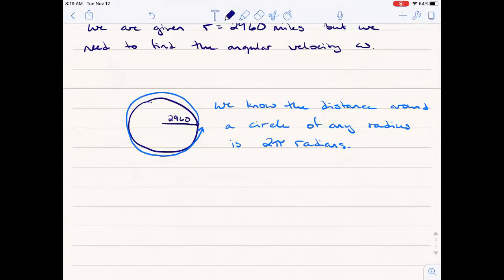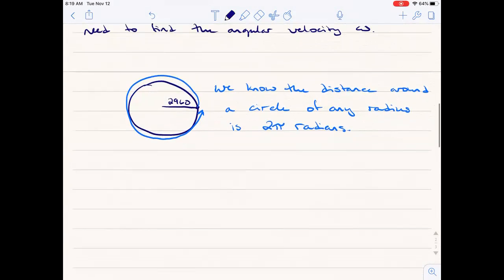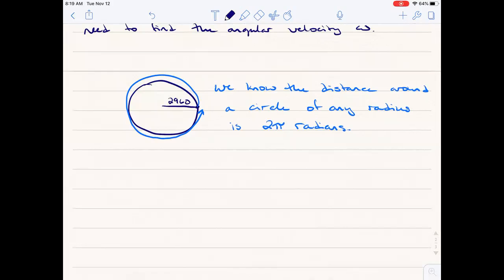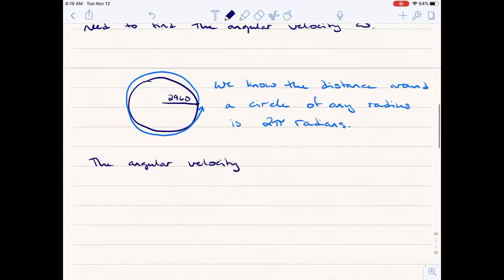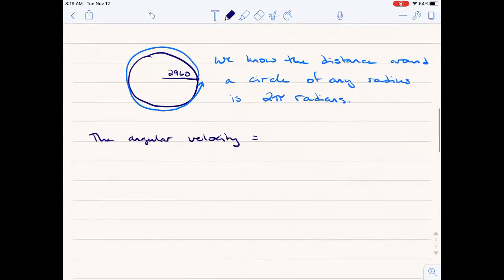So it doesn't actually matter what the radius is, but the distance that we have to travel is 2 pi radians. So the angular velocity is still going to be the distance over time.